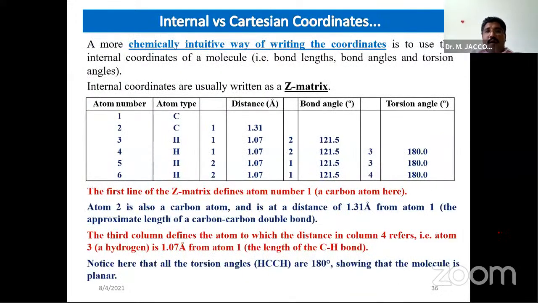These are the Z-matrix or internal coordinate formats. I take one atom as the first reference. The second carbon is connected to the first carbon by a bond length, and the hydrogen is connected to the second carbon and makes an angle with the first carbon. This is the internal coordinate.